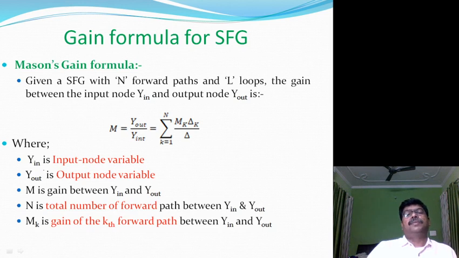So here you can see y in is the input node variable, y out is the output node variable, M is the gain between y in and y out, where capital N is the total number of forward paths between the output node and input node, and Mk is the gain of the kth forward path between y input and y output.